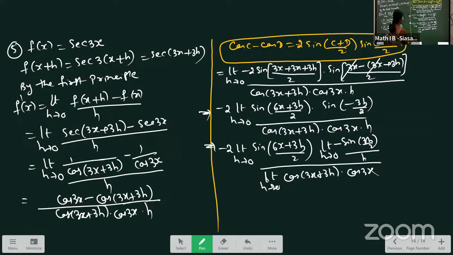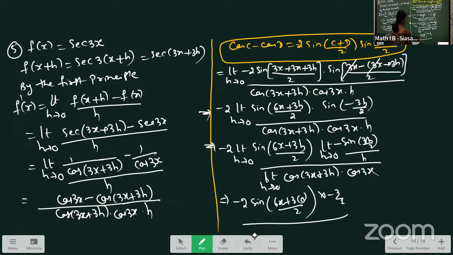Now substitute 0 wherever h is there: minus 2 sin of 6x plus 3 into 0 by 2. Here this value is minus 3 by 2, by cos of 3x plus 3 into 0 into cos 3x. 2 and 2 get cancelled. A minus into minus is plus.